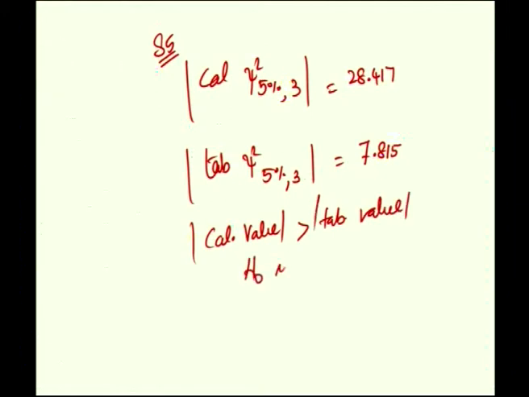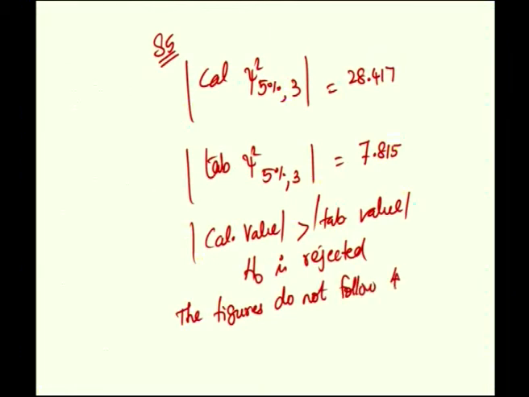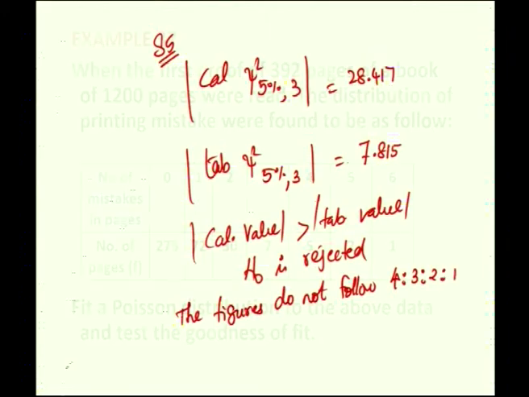So, H naught is rejected, it means H1 is accepted, and we say that figures do not follow 4:3:2:1. Okay, that is the ultimate conclusion we can give.